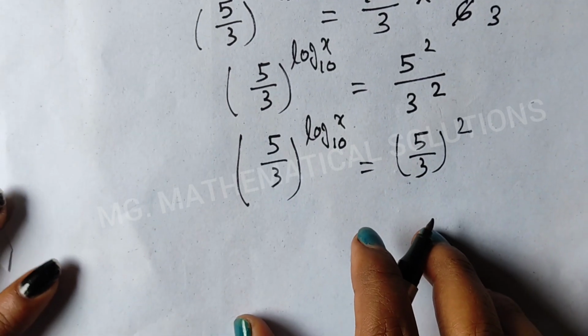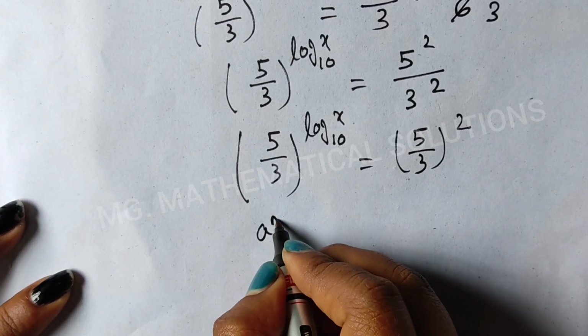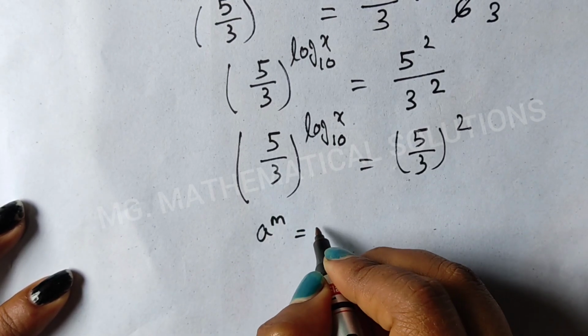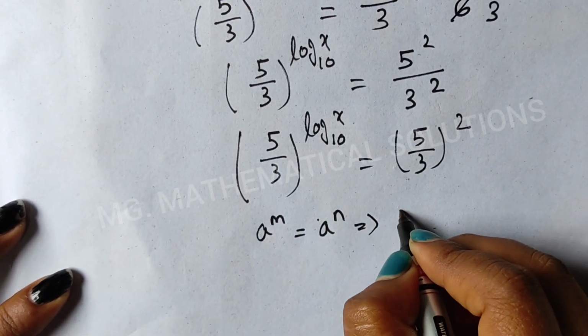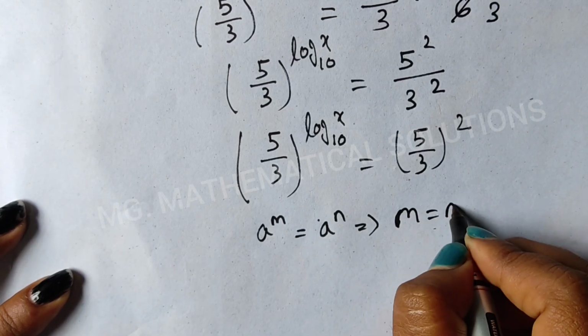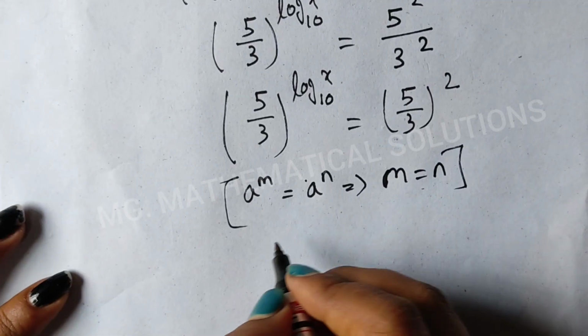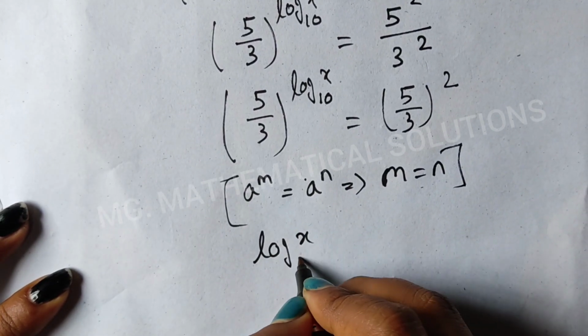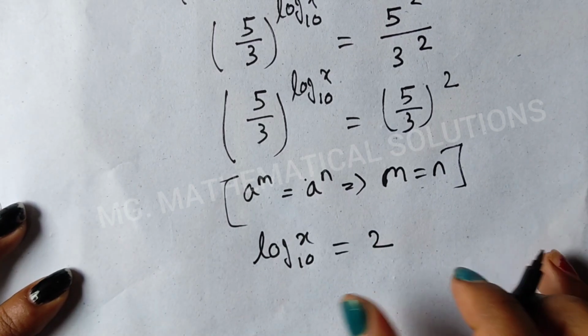Now we use the index formula: a to the power m equals a to the power n implies m equals n. So log x base 10 equals 2.